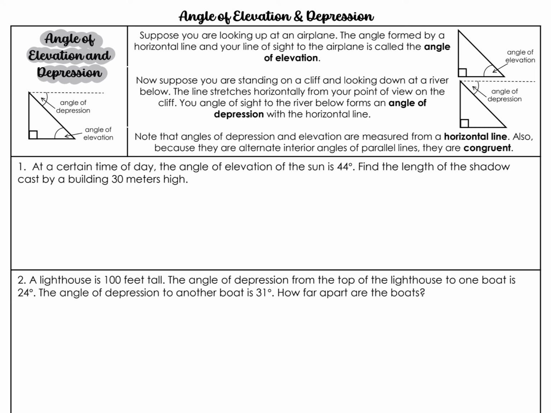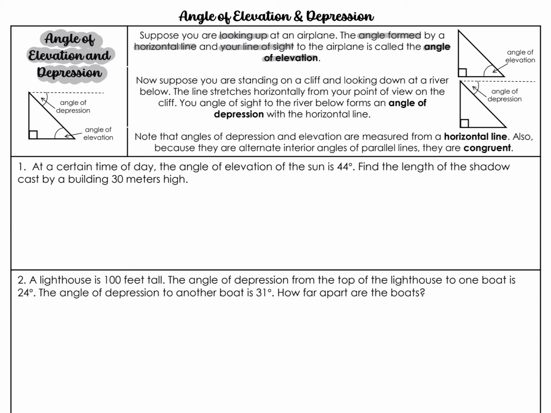Suppose you are looking up at a plane. The angle formed by a horizontal line and your line of sight to that airplane is called your angle of elevation.